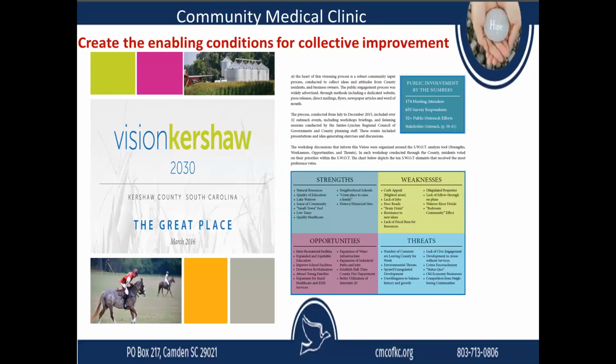On this one slide, I'm showing you how we try to line up all the arrows in the community. Just focusing on the youth and keeping it in the high school alone was not really going to change the overall well-being of the youth within the community. Our government has Vision Kershaw 2030, and within this document we do have youth as a target under education and overall well-being of health.